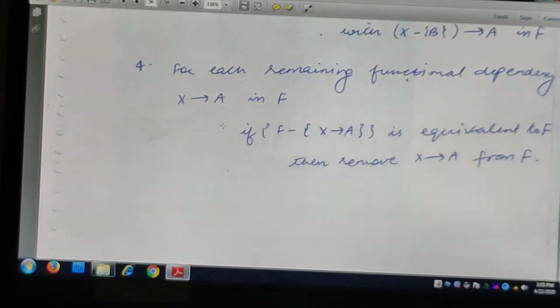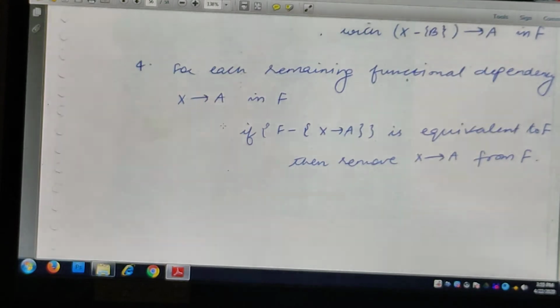Why? Because having a to b and b to c, I can easily conclude a to c. So there is no use of keeping this functional dependency in my set. Instead of 3 functional dependencies, I can have 2, because the third can be concluded from the first 2 functional dependencies. So this is what my fourth point is saying.